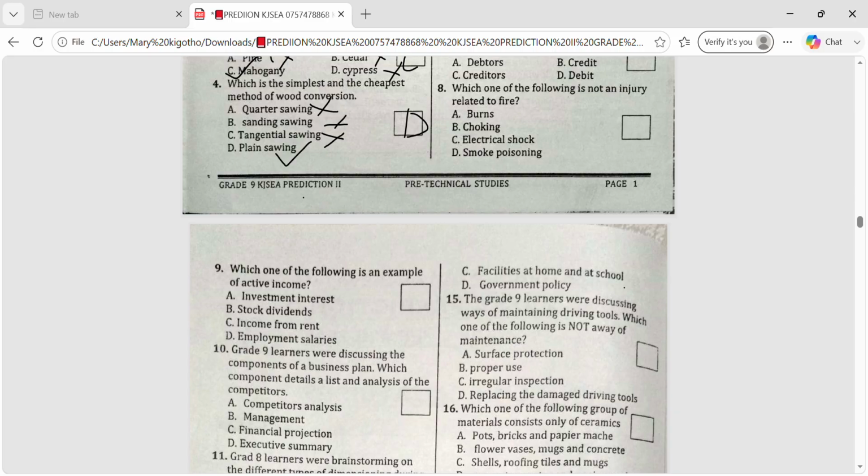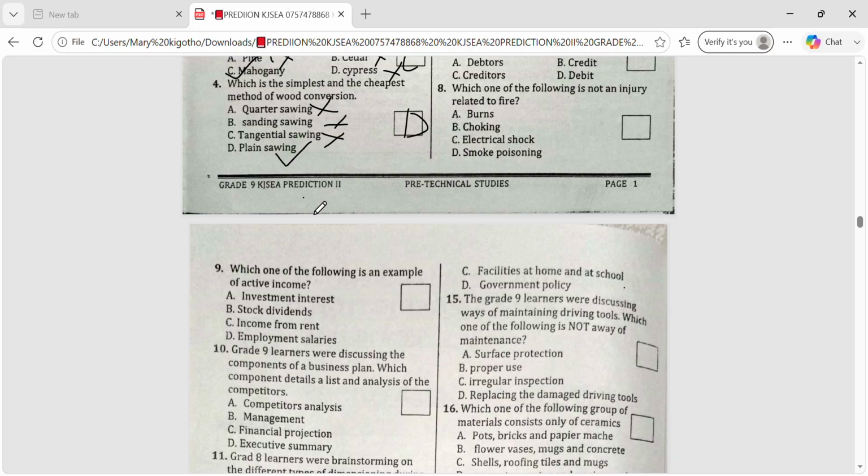Plain sawing, also known as flat sawing, is the simplest, fastest, and least expensive method of converting log into timber. It produces more timber with less waste, making it the most economical method. Quarter sawing produces stronger and more stable timber, but it's more expensive.